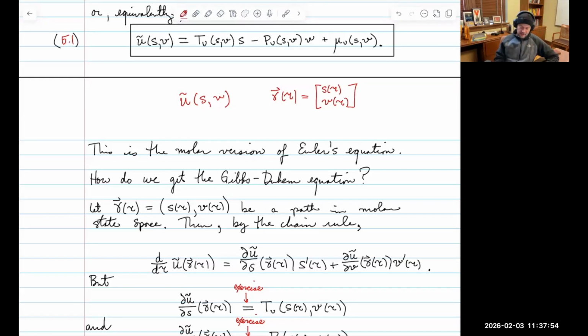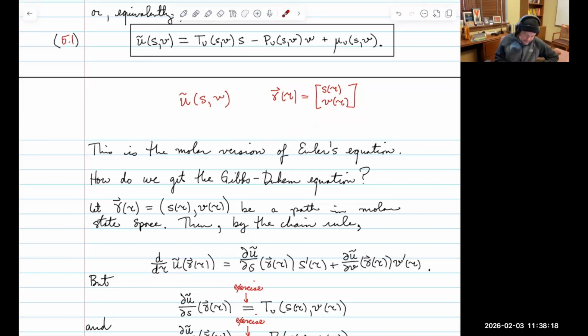What does it mean to be a path in molar state space? It just means that we're going to parameterize s and v. You might as well just think about these as smooth functions of this process parameter tau. We're going to substitute that in here, and then take the tau derivative of that and see what we get.